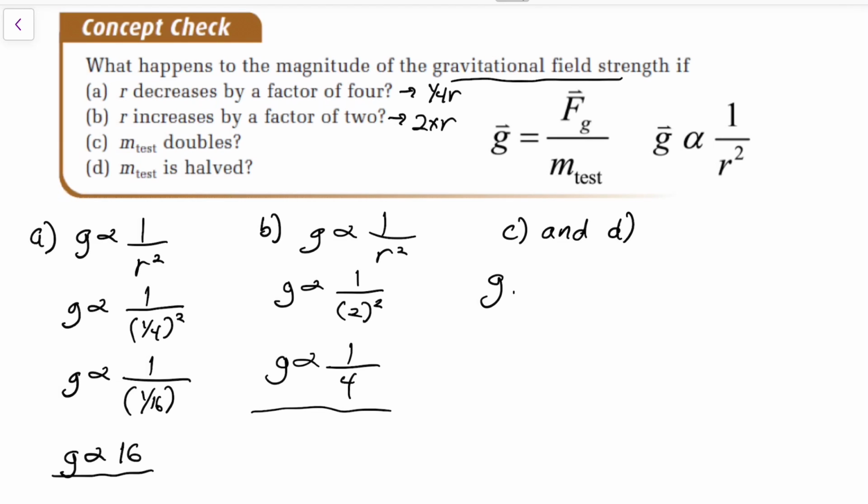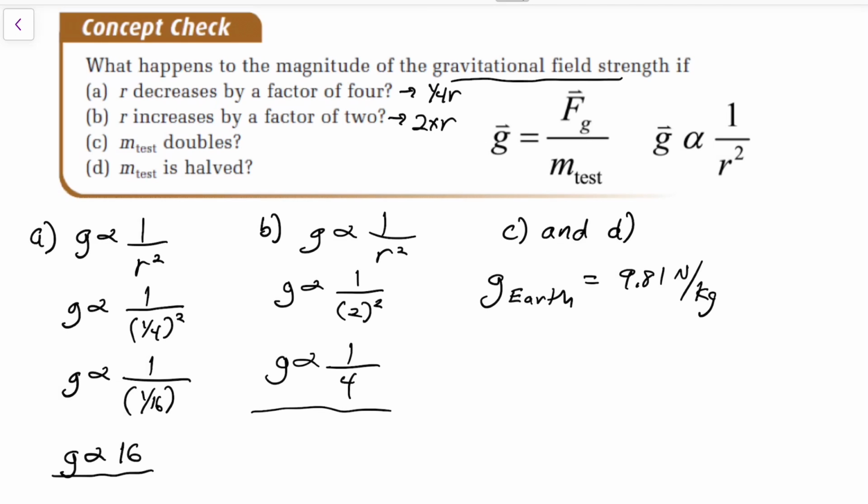So on Earth, remember we said the average gravitational field strength is 9.81 newtons for every kilogram. So when we change the test object, whether it be a pencil or a bowling ball, the gravitational field strength is still the same, 9.81 newtons per kilogram.